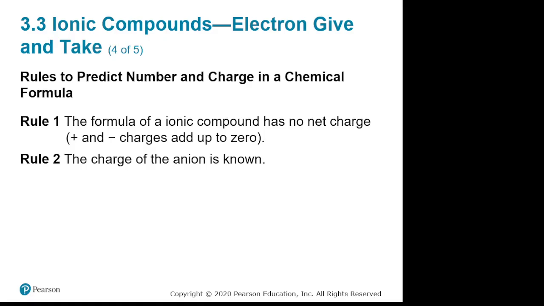Each fluorine is going to be -1, isn't it? I'm going to have 3 of those. How do I balance out 3 -1 charges? I have to have what charge on that iron then? Positive. I have to have a positive what though? 3. Yeah. And so my Fe is just 3 plus, isn't it?